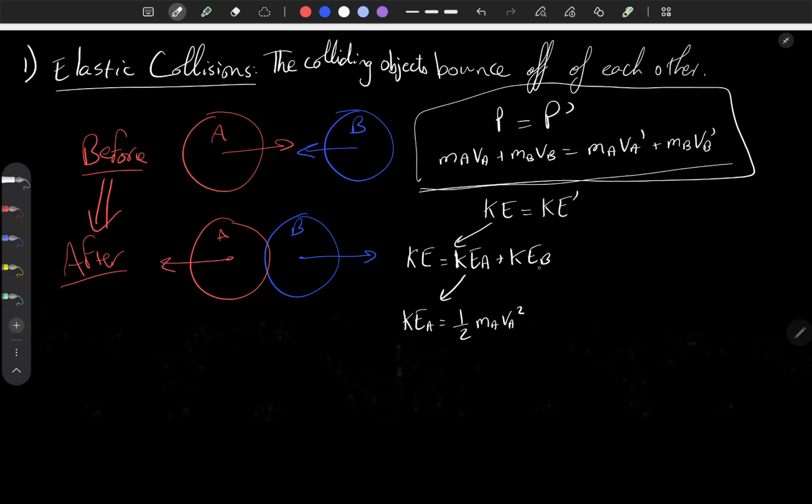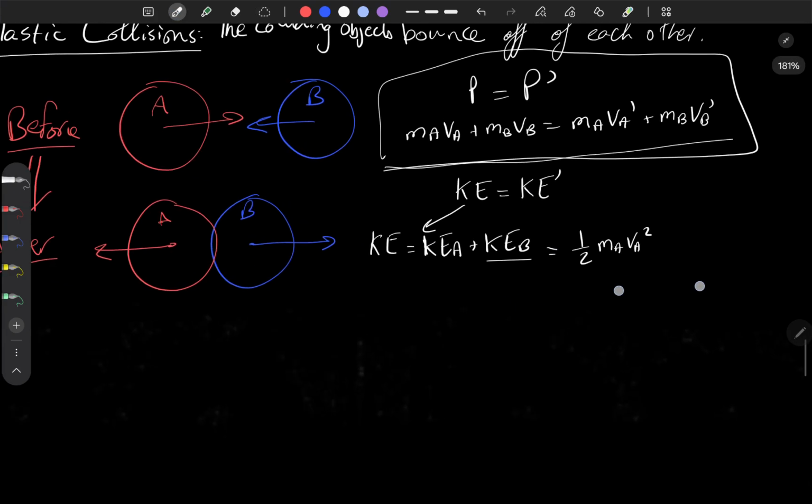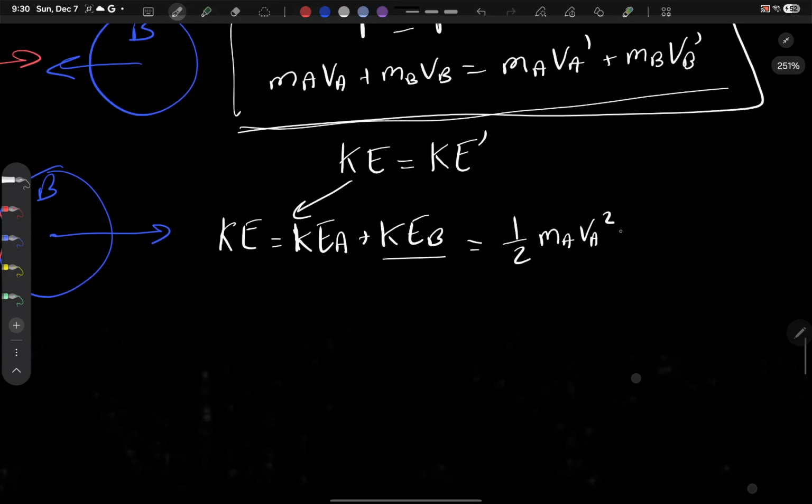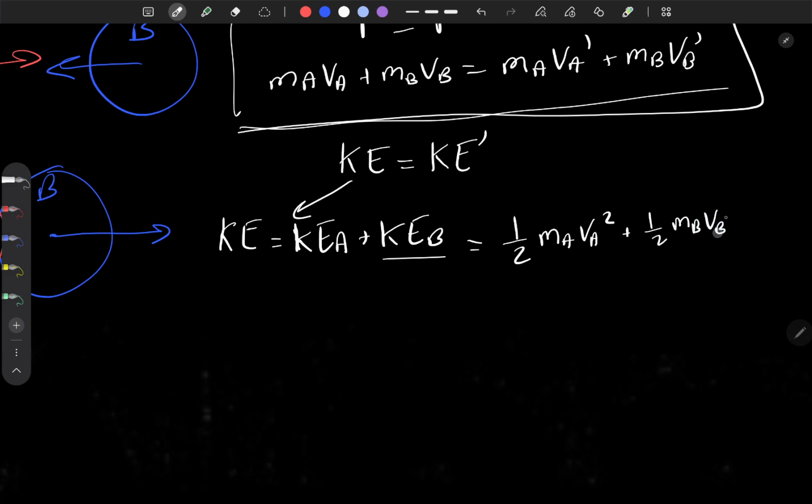And similarly, the kinetic energy of B will be half M_B V_B squared. So we can say that the kinetic energy before the collision is equal to half M_A V_A squared plus half M_B V_B squared.